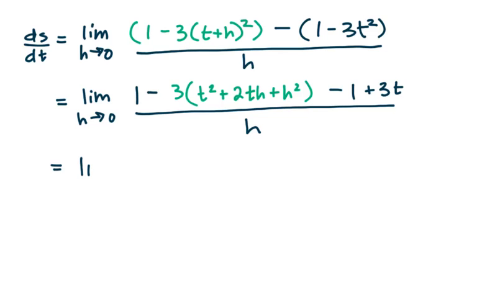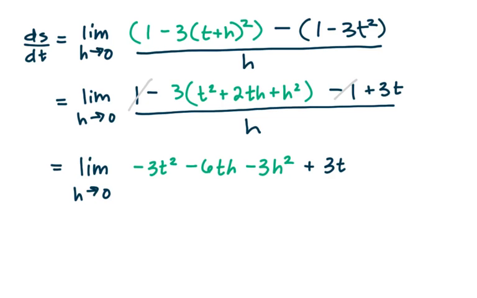So this is the limit as h approaches 0. I already see that 1 minus 1 is going to go away. And in the numerator, I have negative 3t squared minus 6th minus 3h squared. And then I have my plus 3t squared, all of which is over h.